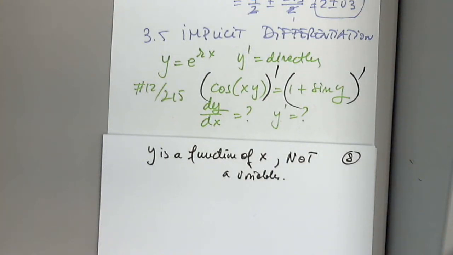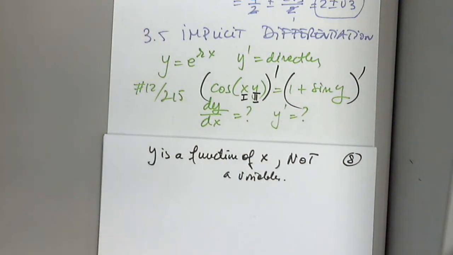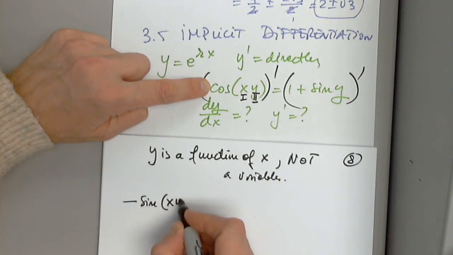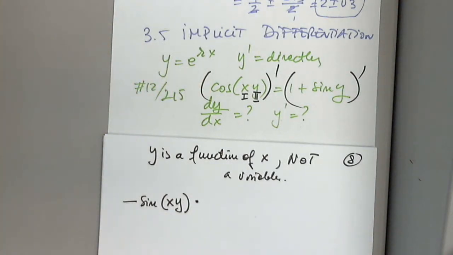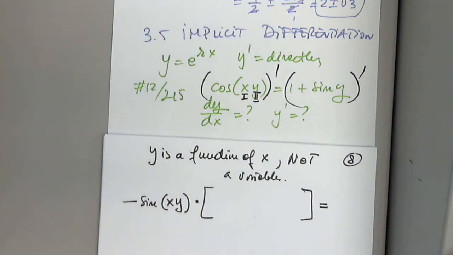Ready? So, I'm going to write 1, and I'm going to write 2. When I differentiate cosine, we get negative sine of the same argument times the inner function prime. But the inner function prime must be a sum.